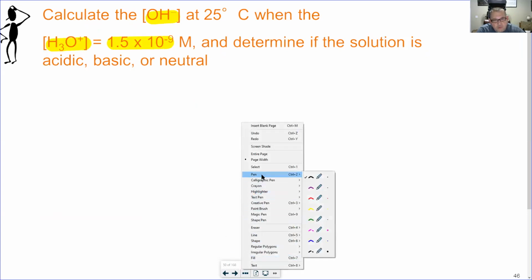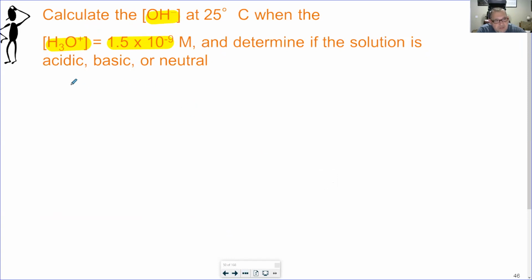The way I want to approach this problem is to recognize the relationship: H plus times OH minus is equal to Kw.